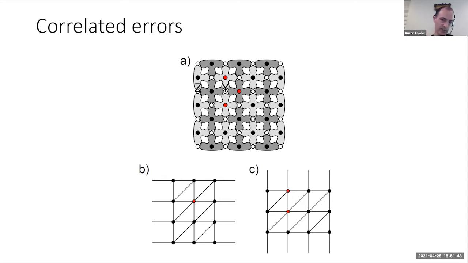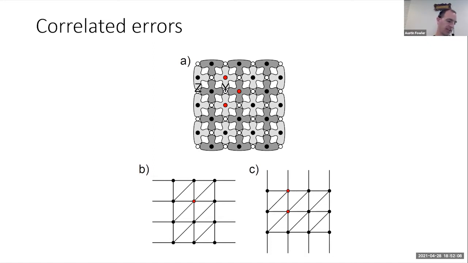In these codes, the logical Y operator is also designed so that it has minimum distance D. So in this particular code and all the codes we're dealing with, the minimum length of your X, Y, and Z logical operators is all D.